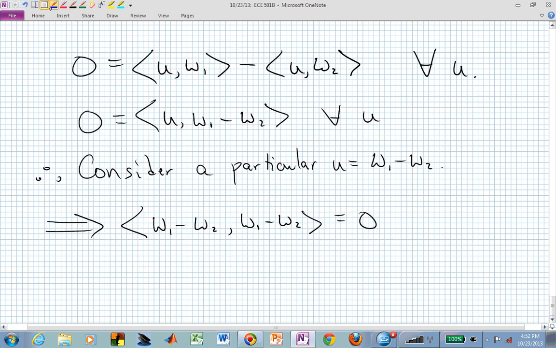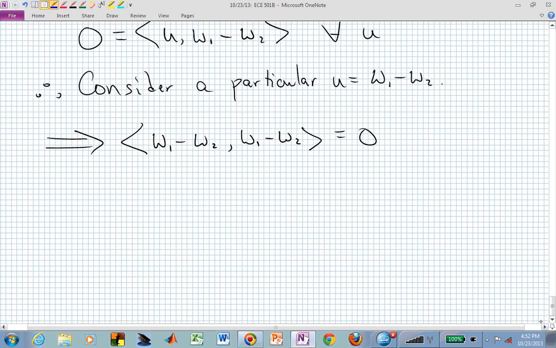But now I'm going to use one of the properties of the inner product. And which property am I going to use? The definiteness property, right? When the inner product is equal to 0, the only time that happens is when the vectors in the slots of the inner product are 0.